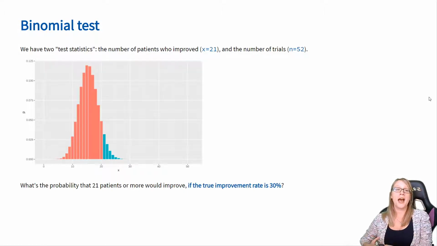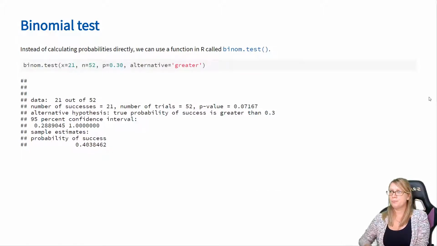So starting at 21 successes, or 21 patients who improve, and then anything higher than that. So just guesstimating this, it looks like the probability that 21 patients or more would improve, if this true improvement rate is only 30%, is probably pretty small.